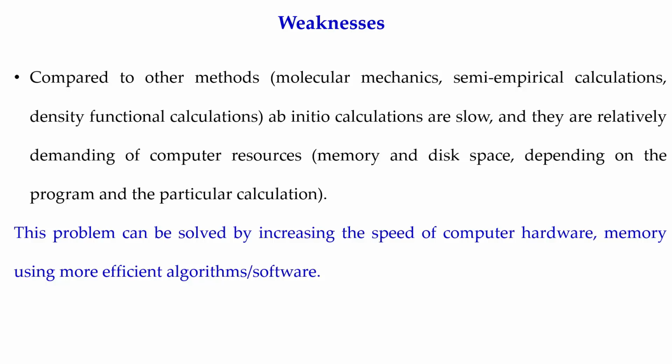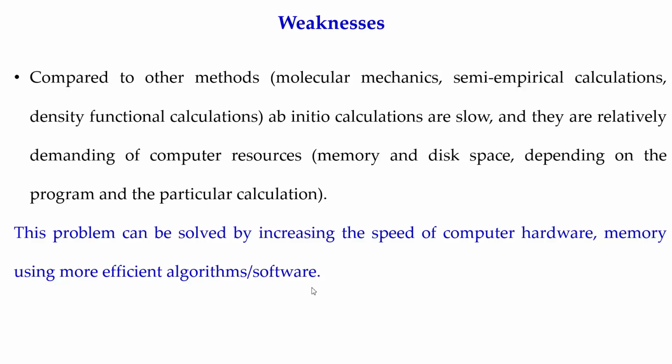For CCSDT, the calculations for 5-6 atoms also take so many days in current resources. This slow problem, which is computationally demanding, can be solved by increasing the speed of computer hardware, meaning the processor or memory, and by using more efficient algorithms or software.